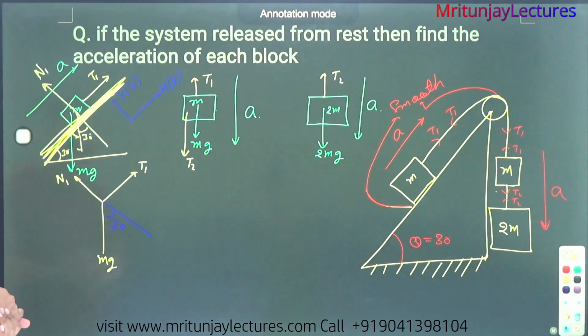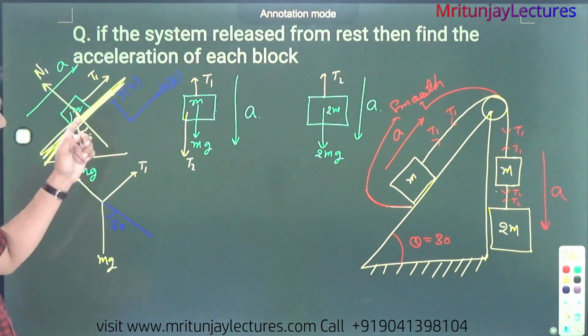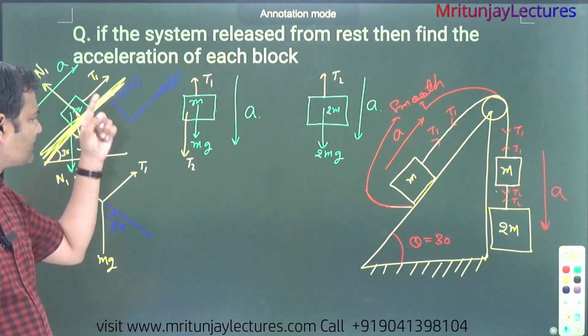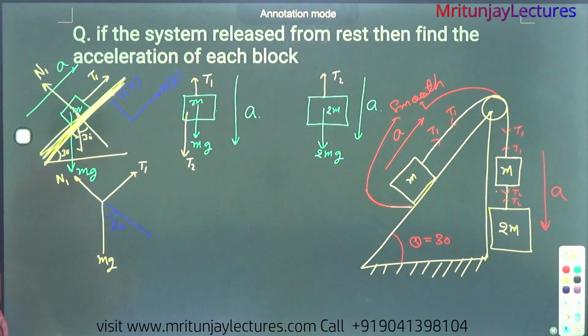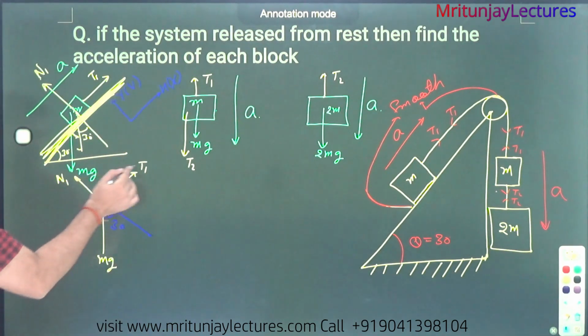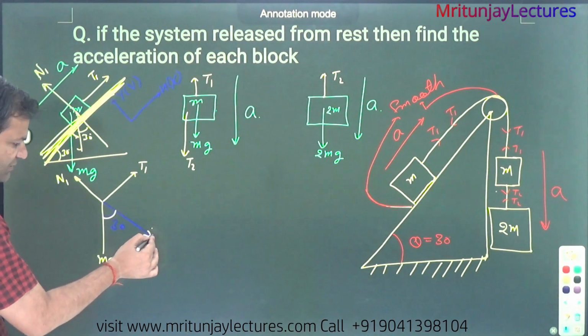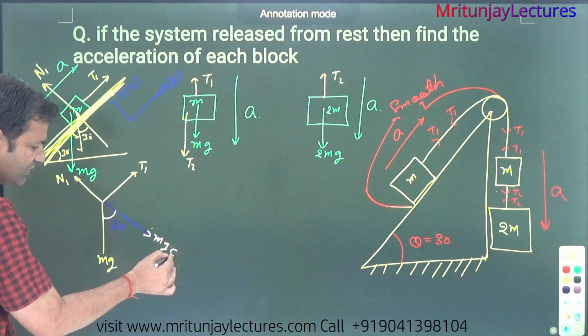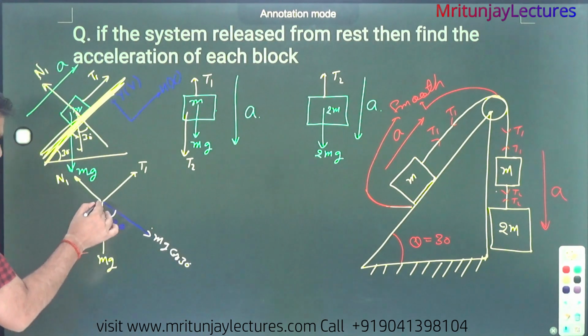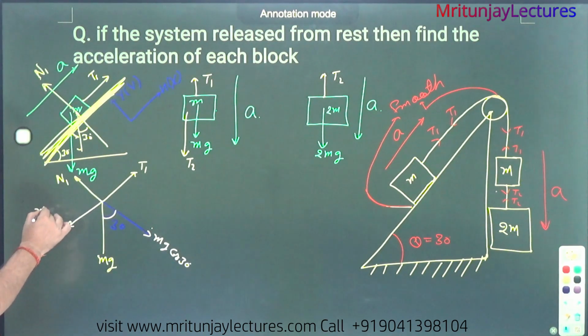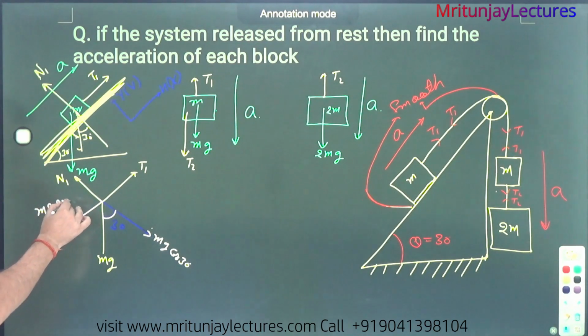So all forces are resolved corresponding to the capital Y axis and capital X axis. This one and this one are already in this direction. Mg has two components, with 30 degrees: this one is written as Mg cos 30 degrees, and that one is Mg sin 30 degrees. Clear or not?